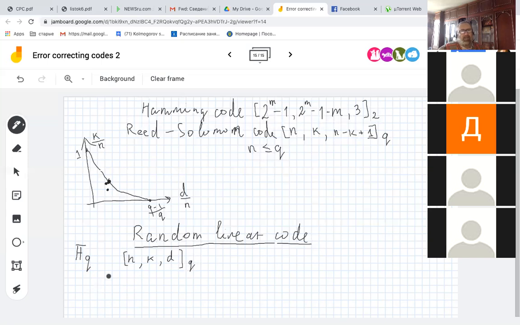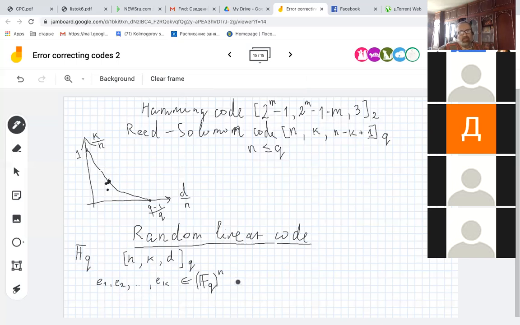And to construct such a code, we just choose its basis e_1, e_2, and so on at random. So assume that we take k elements in the linear space of dimension n over F_q at random independently.